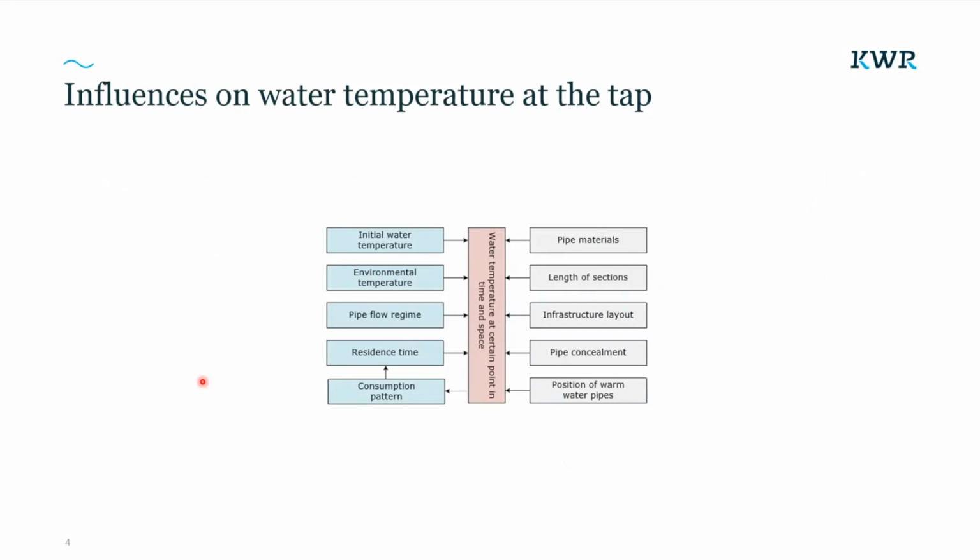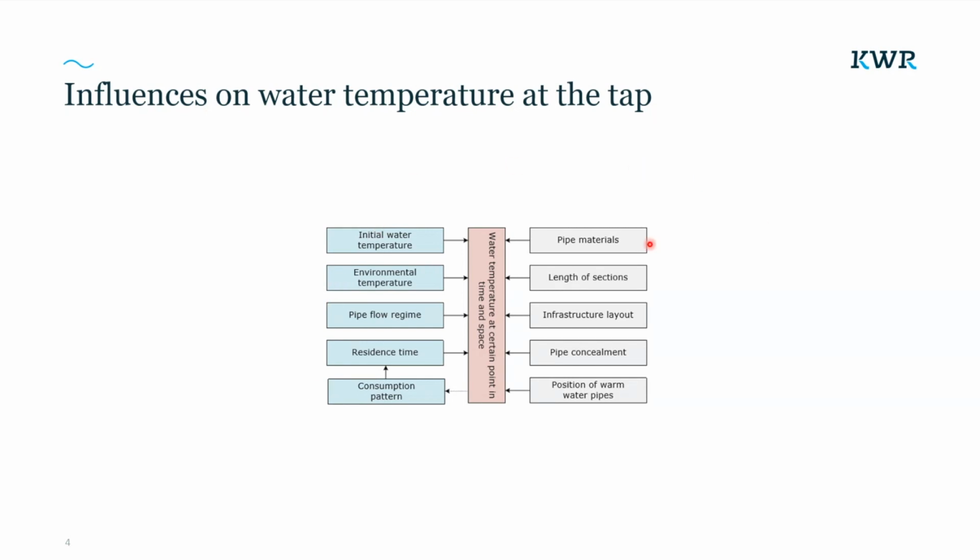So what influences are there on water temperature at the tap? Well, of course, there is the initial water temperature. So that will be the temperature of the water leaving the distribution net. But on top of that, there is environmental temperature. So that will be the air temperature within the house or the soil temperature surrounding the connection pipe. It is the pipe flow regime, the residence time, as we already saw, which of course depends on the consumption pattern.